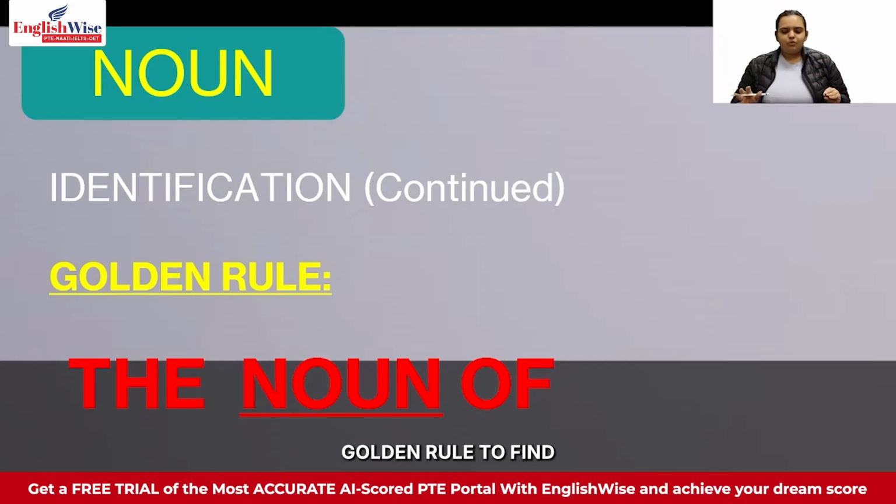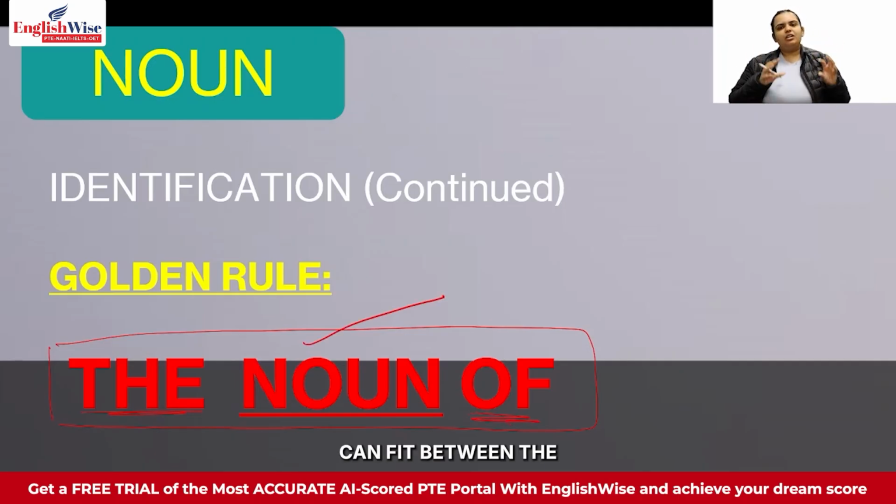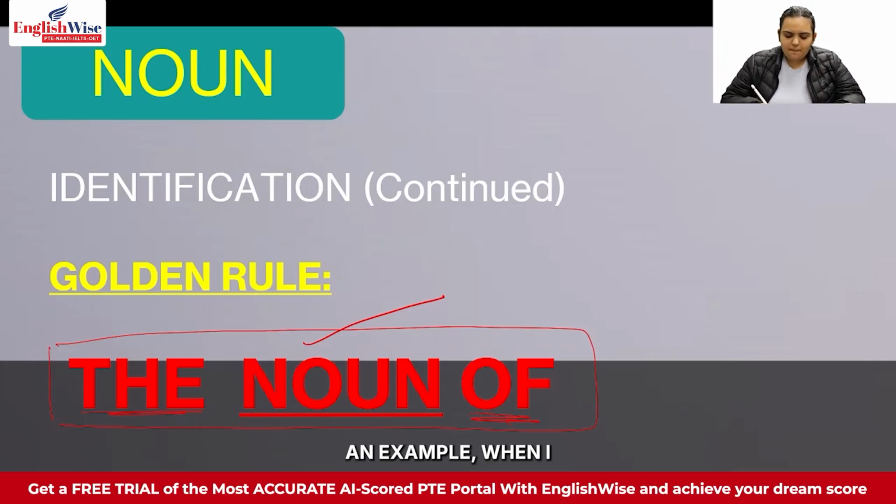There is a golden rule to find out nouns: if any word fits between 'the' and 'of', it is a noun. So any word that can fit between 'the' and 'of' is a noun. If I give you an example, take the word accomplish.